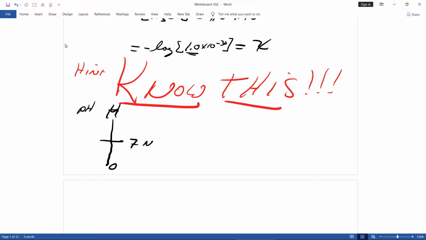At 7, you have neutral pH. That's when the hydronium ion concentration equals hydroxide. Below 7, we call that acidic. Hydronium is greater than hydroxide, and above 7, we call that basic. The closer to 14, the more basic. The closer to 0, the more acidic.